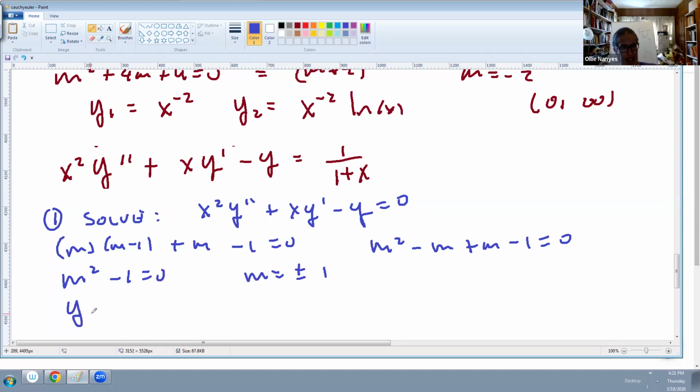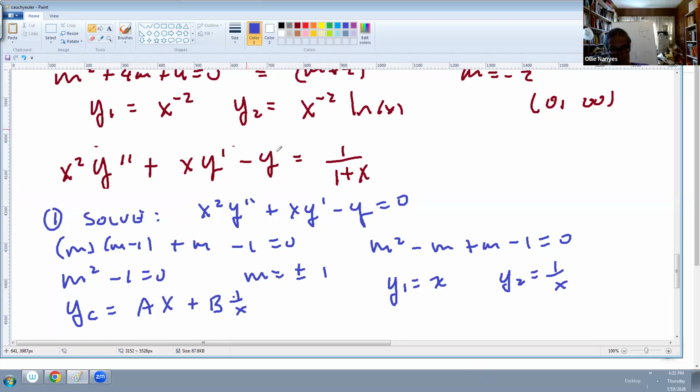So our homogeneous, or our complementary solution, can be written as ax plus b times 1 over x, because that's x to the minus 1. Or we can say y1 is x, y2 is 1 over x. I kind of just stumbled all over myself here.